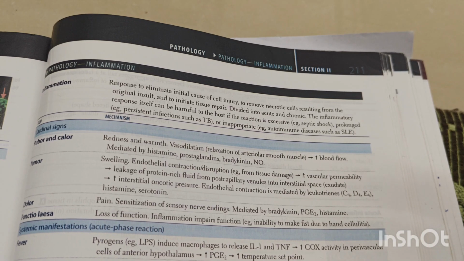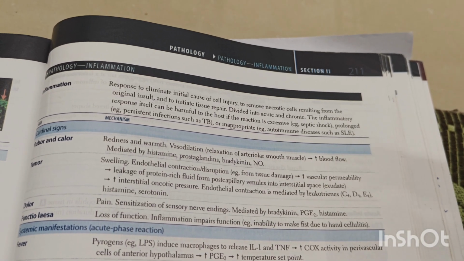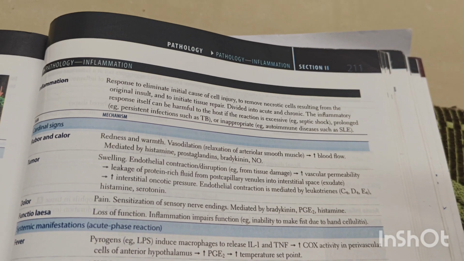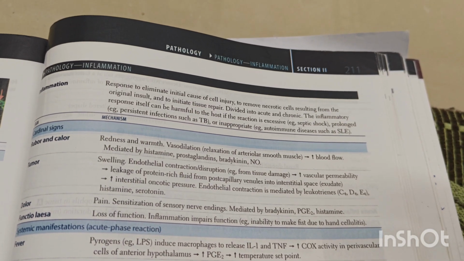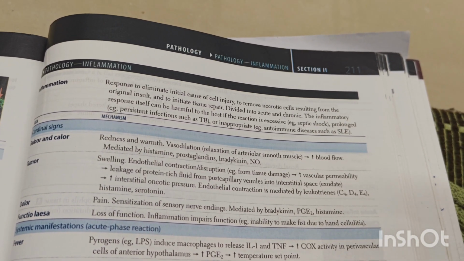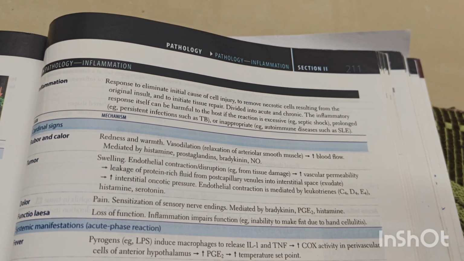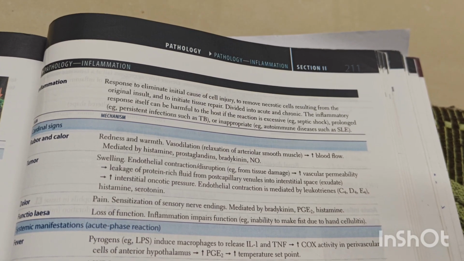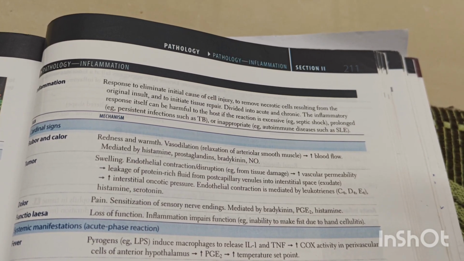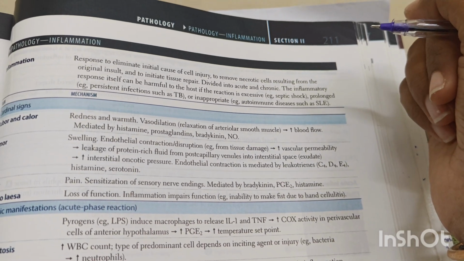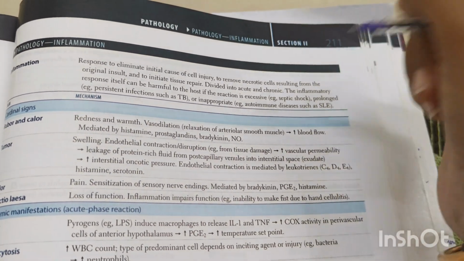In acute inflammation mainly the neutrophils come out of the cell, and in chronic inflammation the lymphocytes do. This inflammation process is harmful to the host if it is excessive, like in septic shock, or prolonged, like in TB infection, or inappropriate, like autoimmune diseases: SLE, scleroderma, Sjögren syndrome. In all those it is autoimmune.